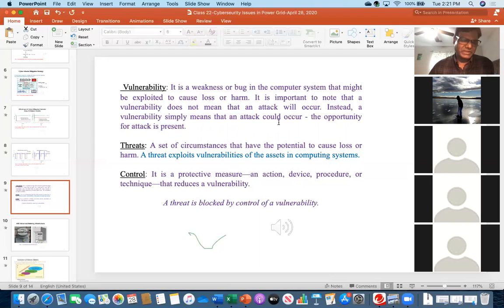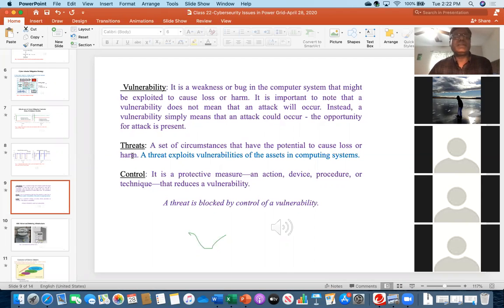Your computer has not crashed, your data is not hacked, but your system is vulnerable. That is the meaning of vulnerability. That's why in computer terms, it is the weakness or some sort of bug in the computer system that might cause some loss or harm to your system. This means an attack might occur, not necessarily will occur, but might occur. So you have to be careful.